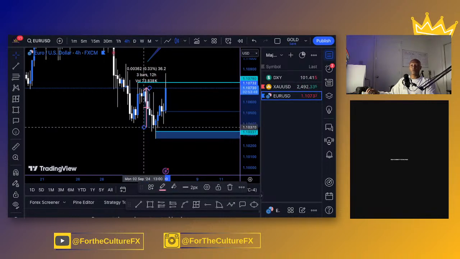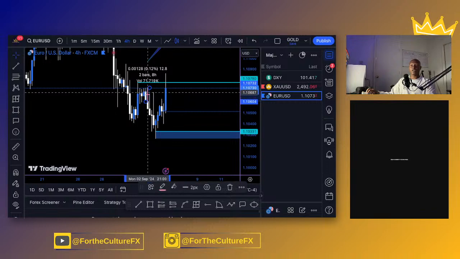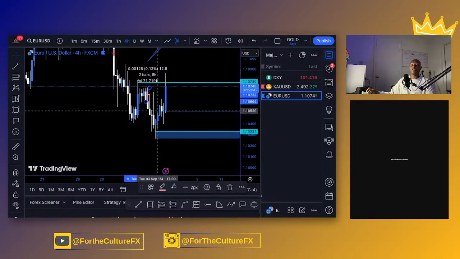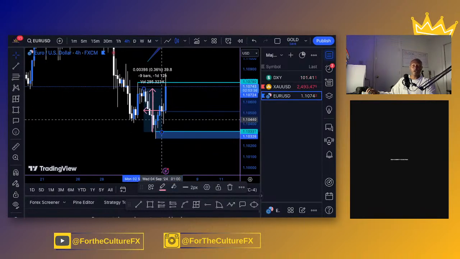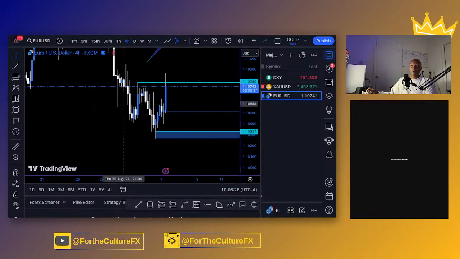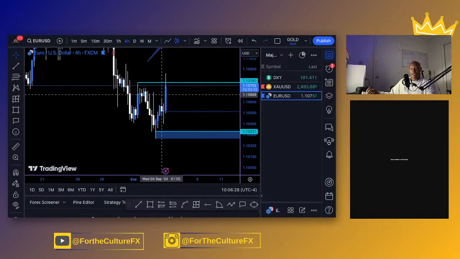This was your average 4-hour candle. I wish I could get an average of these candles to see how the candles within this box, what was the average pip movement. I could do it manually, but I'm not gonna sit here and do it manually. Essentially, we had a lot of volume in this session, and it came off of that 4-hour.